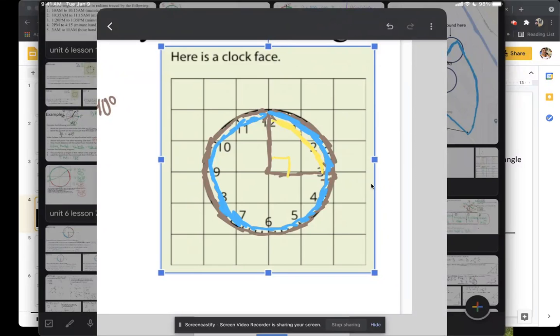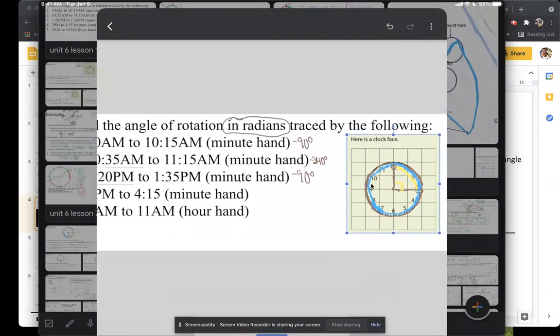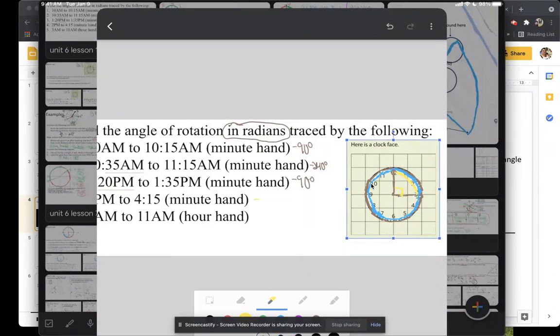We already know that this angle right here is 90 degrees. So the entire angle is going to be 360 plus 360 plus 90 degrees. I use the calculator on my phone. That's 810 degrees total, so this is going to be negative 810 degrees.